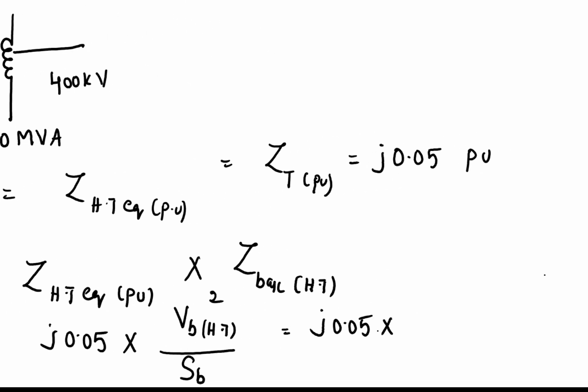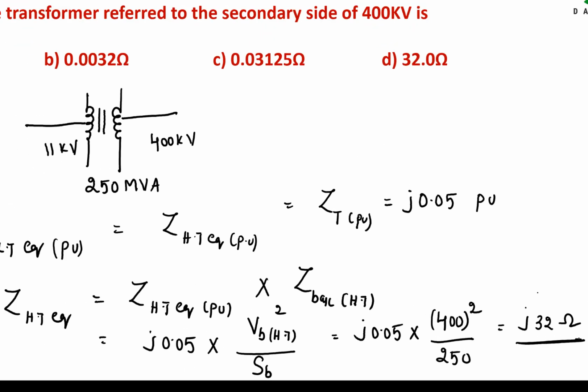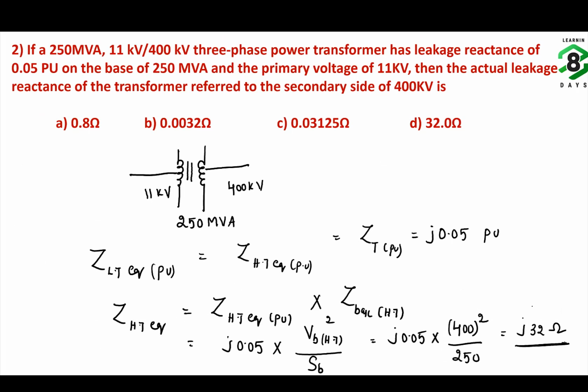What is the base voltage on HT side? 400 kV. 400 kV squared divided by the MVA base of the transformer, 250 MVA. So this value will become j32 ohm. So the actual leakage reactance of the transformer referred to the secondary side of 400 kV is 32 ohm.